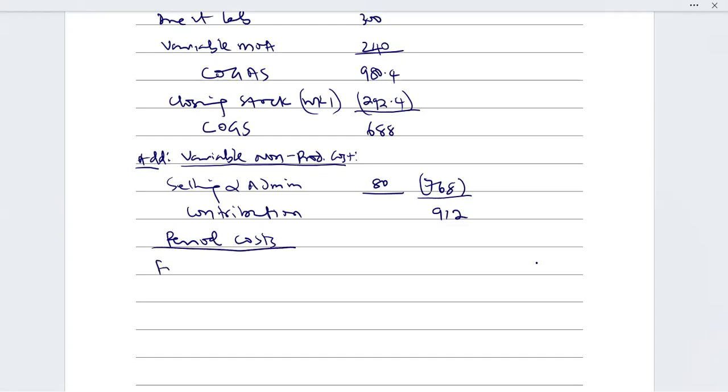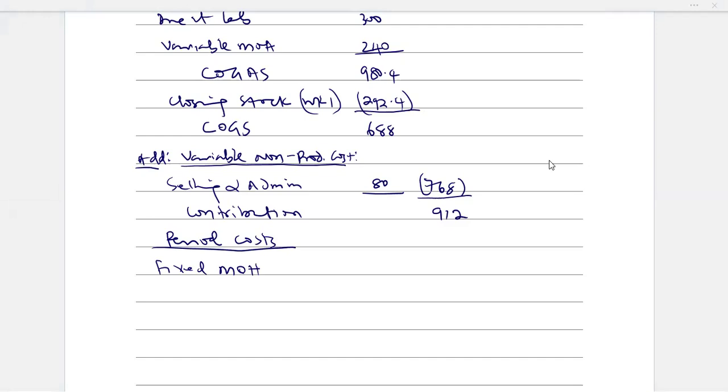So we have fixed manufacturing overhead. Remember what I explained to you last time. We said that as far as marginal costing approach is concerned, fixed costs are costs that have no sympathy for activity level, which means that irrespective of the number of units produced, the fixed cost will not change.